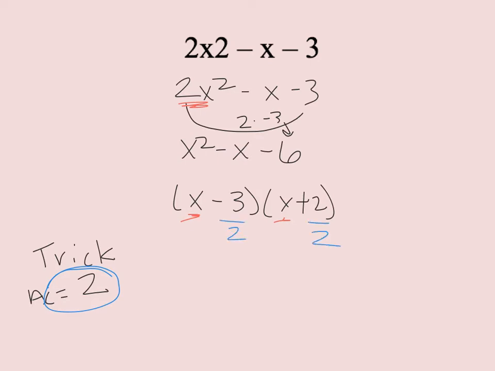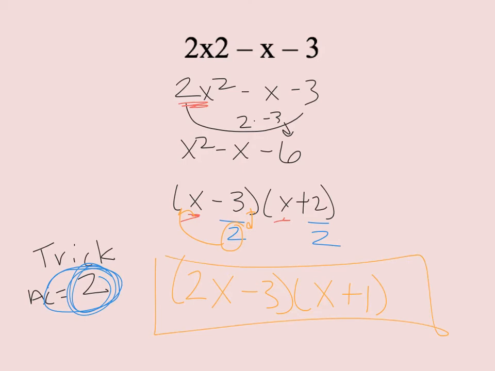So I'm going to divide each one by 2 here because that's the number that I multiplied by. Now if you have a fraction and it does not get rid of the denominator, like 3 and 2 cannot be simplified any further, this comes out in front. So I have my 2x minus 3 here, and this would simplify just to 1, so it would be x plus 1. And that right there would be my final answer.